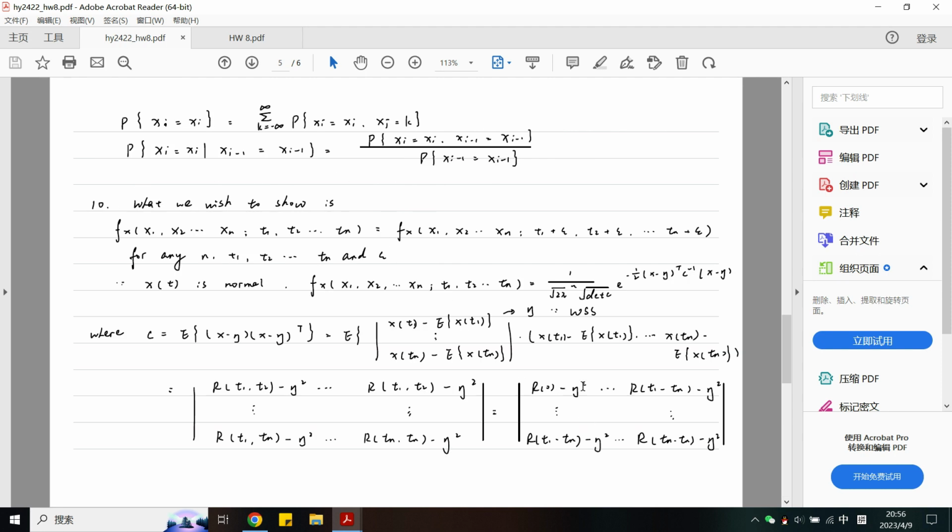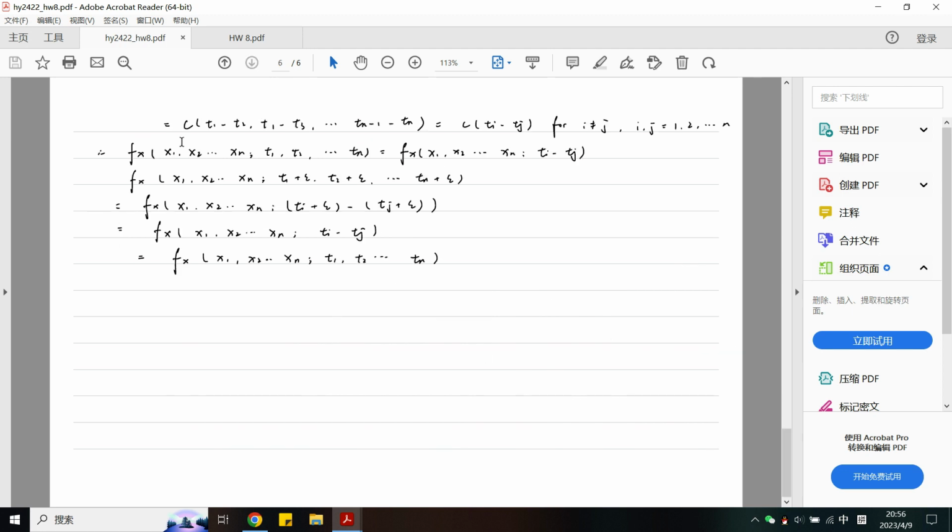So we can simplify this determinant, and we can get that the final result will be C times (t1 minus t2), (t1 minus t3), up to (t(n-1) minus tn), which will be C times (ti minus tj) for i not equal to j, with i and j from 1 to n.